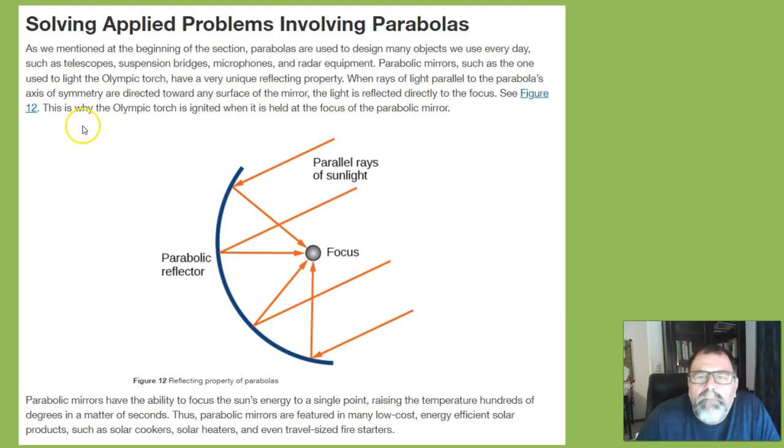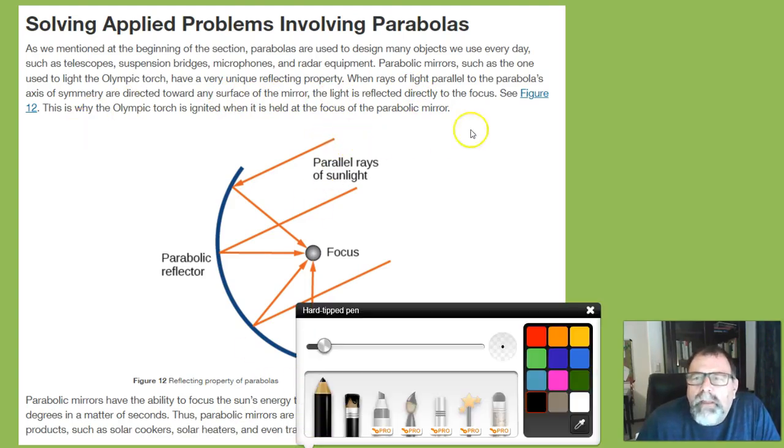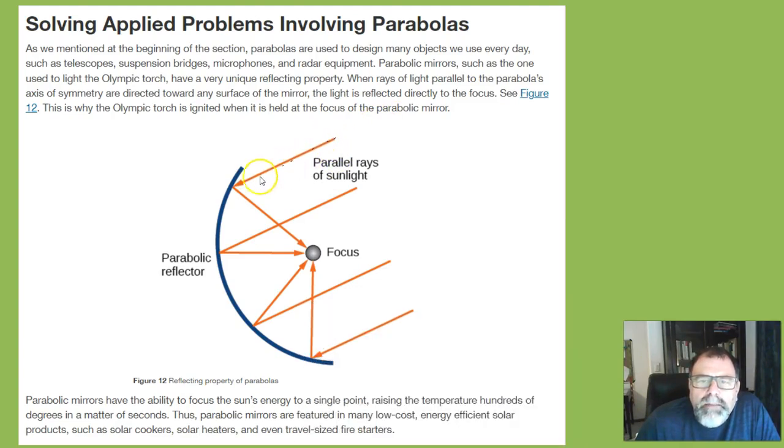See figure 12. So basically, if we have the sun way out in space and we point this mirror up towards the sun, the rays come in, hit the mirror, and get reflected, and the angle that it gets reflected to reflects it to the focus. So every light ray that hits the mirror gets directed to the focus, right?